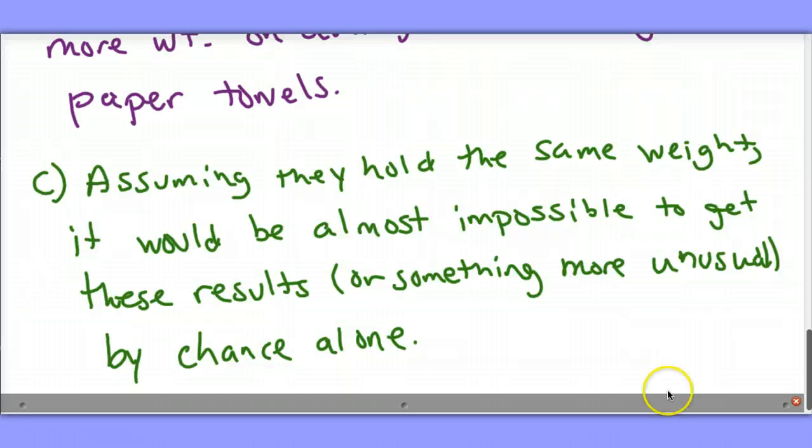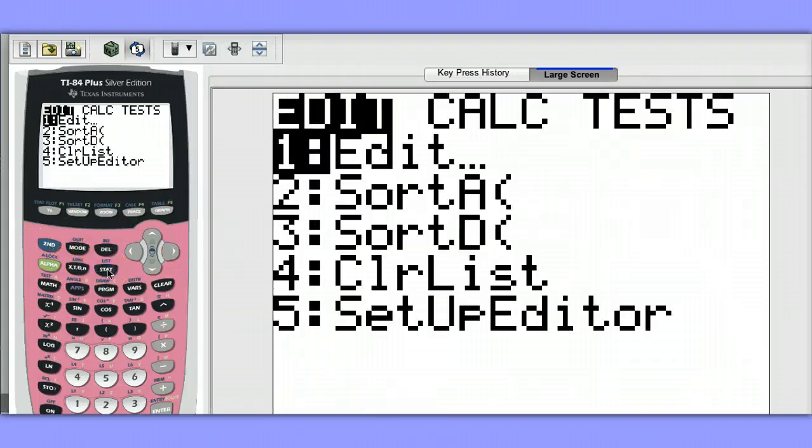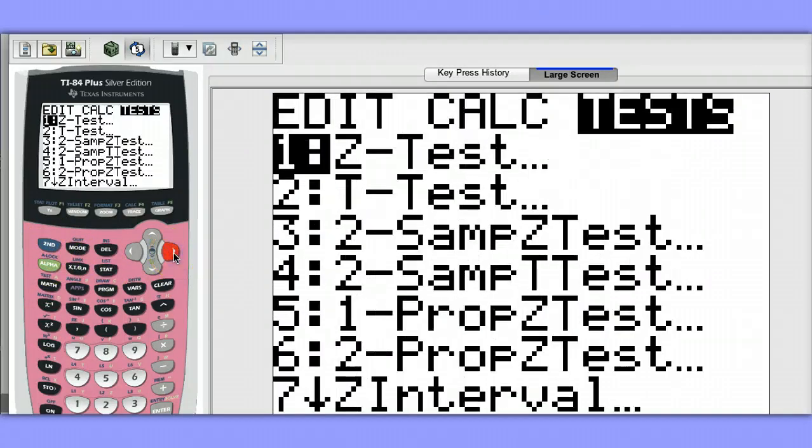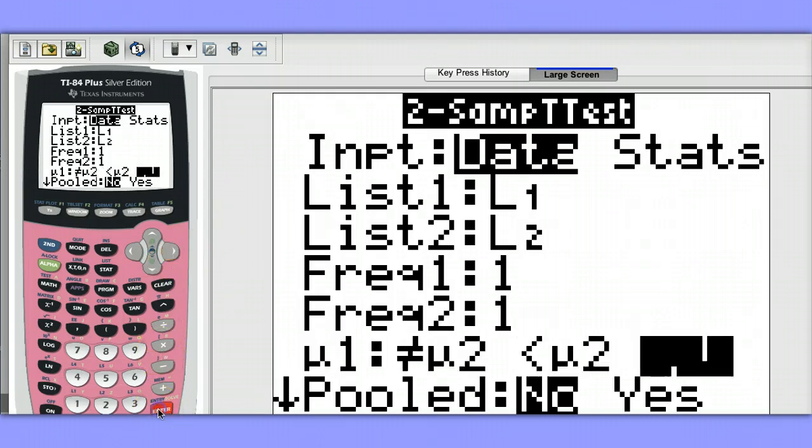Let me show you real quick how you would do this on your calculator. To do the hypothesis test on your calculator, you would go to Stat, Tests, and you would choose 2-sample t-test, not a z-test, a t-test. We are using the data that we've already entered in list 1 and list 2, and we think Bounty, which was in list 1, is stronger than the generic brand, so I'm going to use greater than.